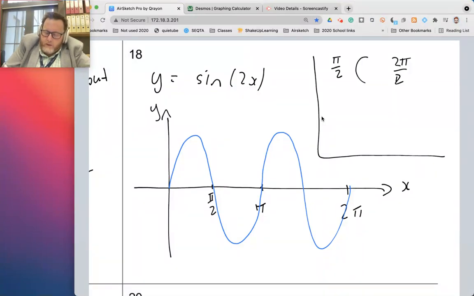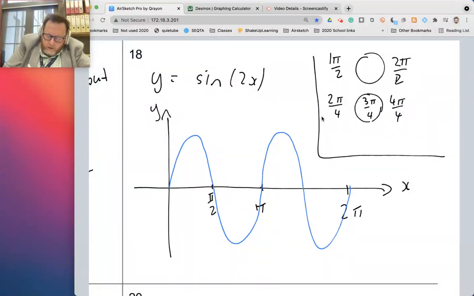Now I need a number in between, but I'm not too sure what that would be because this is 1 pi and 2 pi. So what I do is I split them a little bit more. You can do this in your head after a while, don't worry. So pi on 2 is 2 pi on 4, and 2 pi on 2 is 4 pi on 4. And now I can see I've got a 3 pi on 4 in between.